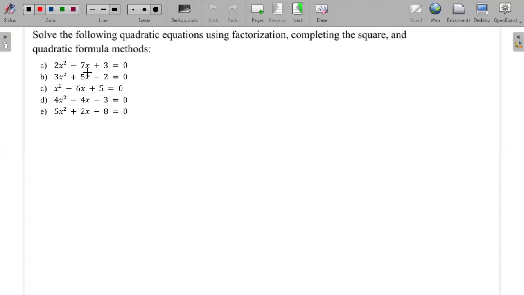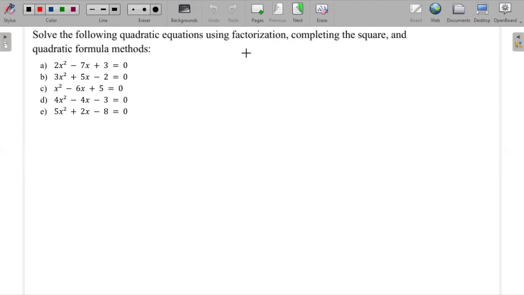This question says solve the following quadratic equations using factorization, completing the square, and the quadratic formula. Meaning each of these we can try, but not all methods are going to work for everything here.